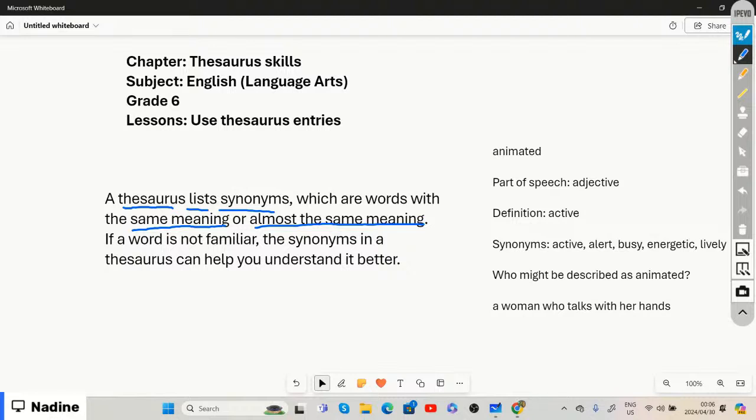So basically, if a word is not familiar, then the synonyms within a thesaurus can help you to understand it better.